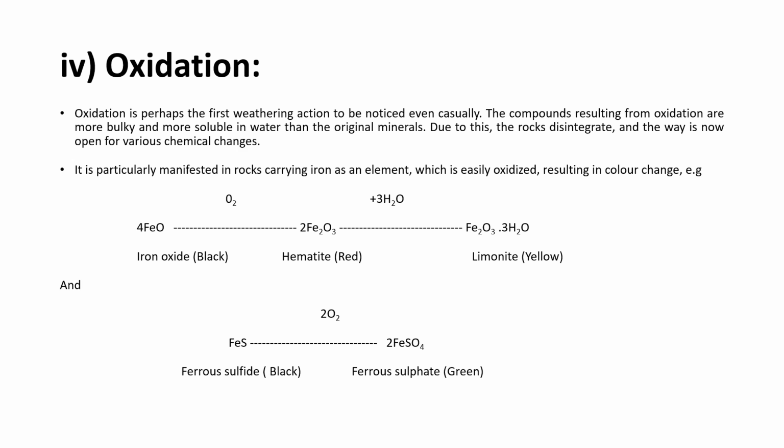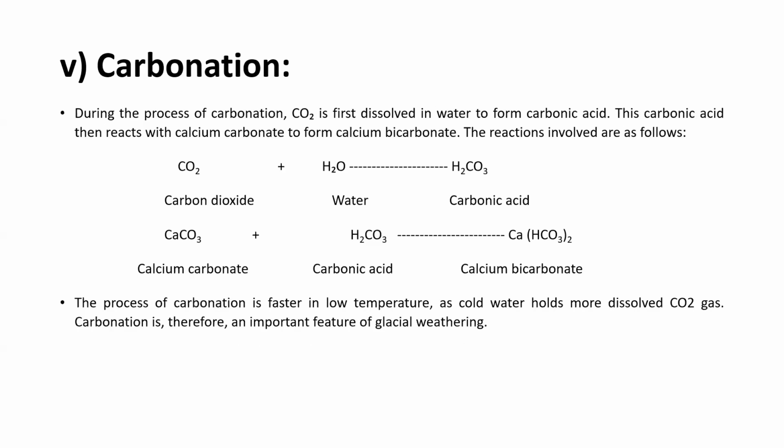So you can see iron oxide, which is black in color, due to oxidation forms hematite, which is red in color. Further, by addition of water, it forms limonite. So all these are chemical changes which are initially brought about by oxidation. Similarly, ferrous sulfide, which is black in color, due to oxidation gives ferrous sulfate, which is green in color. And ultimately, the soil color changes.